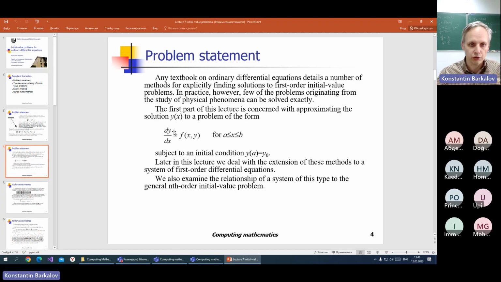Because the real solution to this problem is a continuous function y of x that must satisfy this equation and this initial condition. So in theory, the exact solution is a known continuous function.